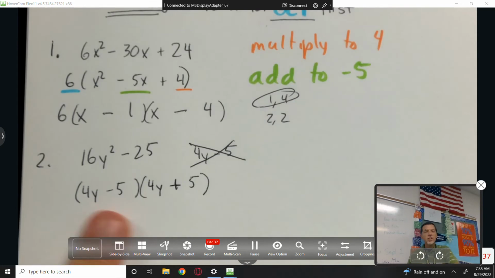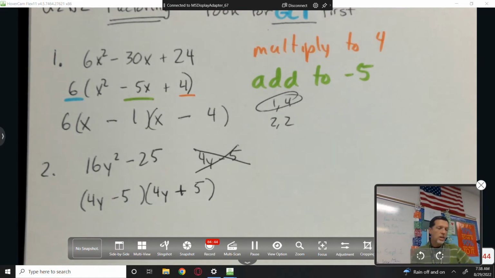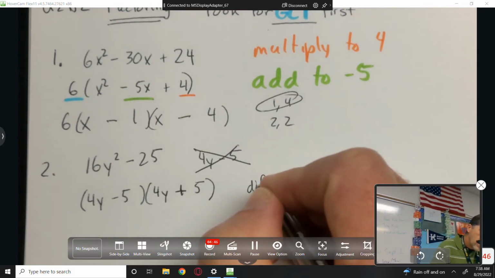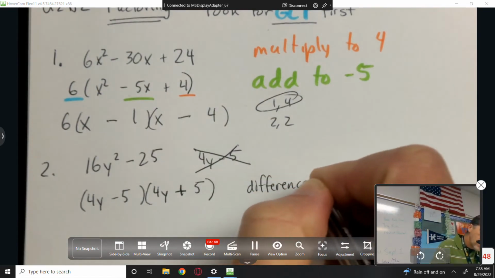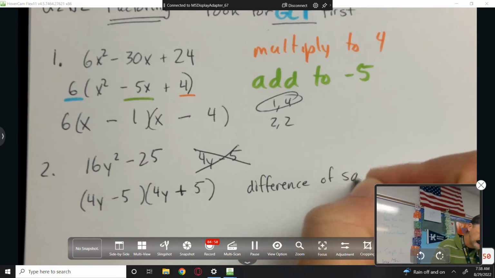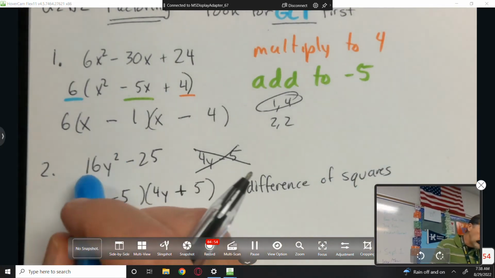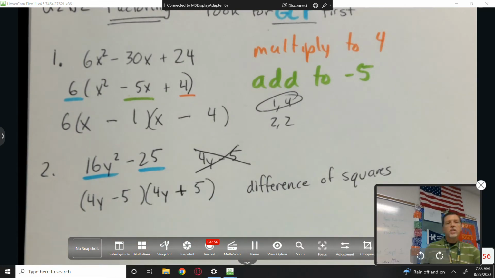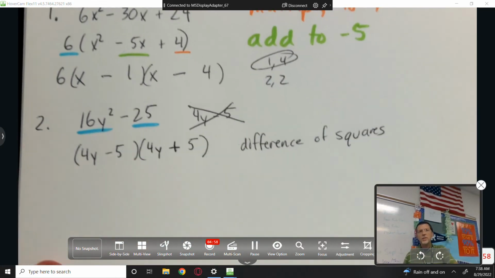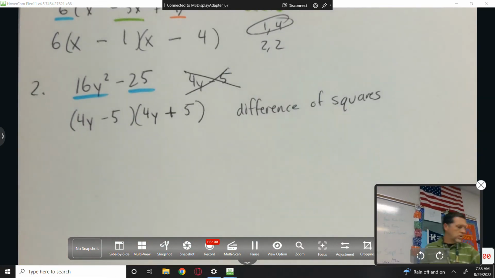By the way, those are conjugates. Conjugate, the middle term will go away. And so we're kind of using that conjugate idea in reverse here. This type of factoring is called difference of squares. So when you recognize that both terms are perfect squares, you can do the plus minus thing.